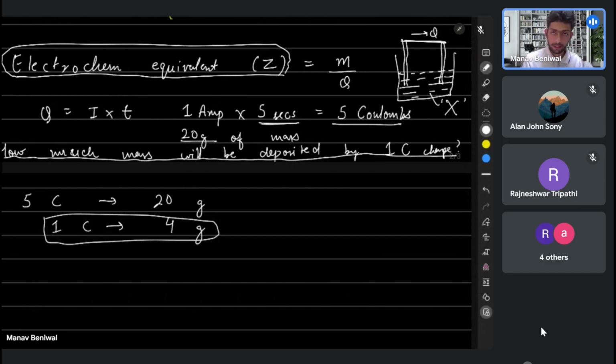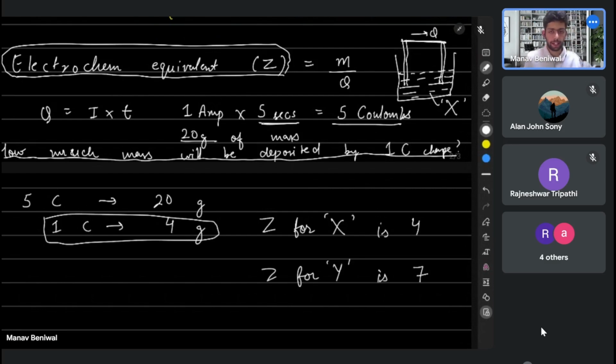So then we can say that the electrochemical equivalent Z for this unknown substance X is 4. If you take some other substance, let's say Y, it will have some different Z. Z for Y can be maybe 7.